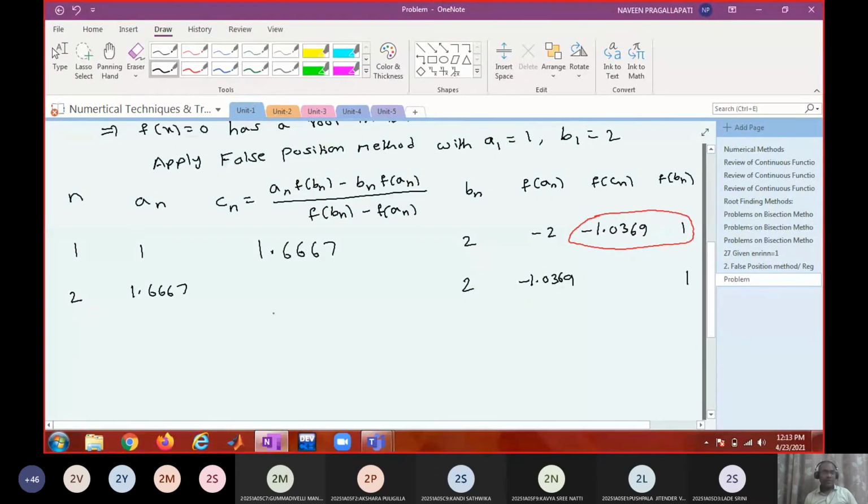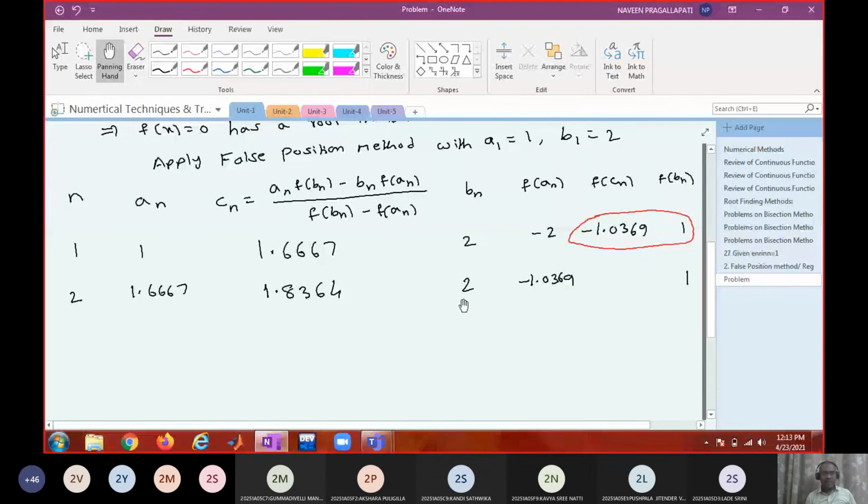Can you tell me what is C2? 1.8364. Okay. So always make sure that your calculation is in between the two values.